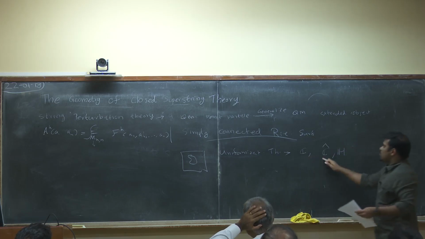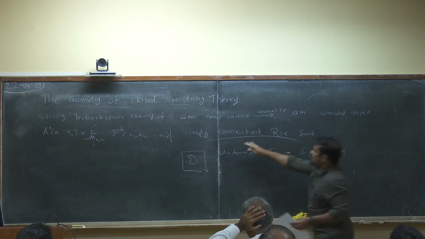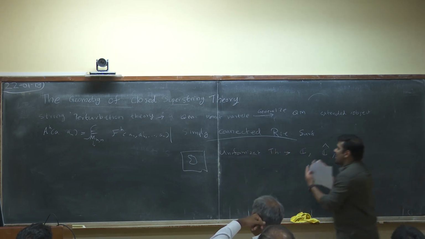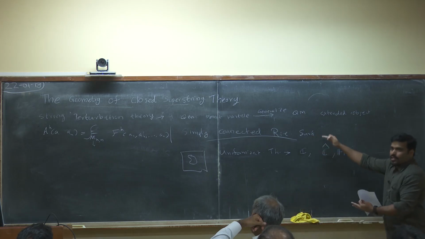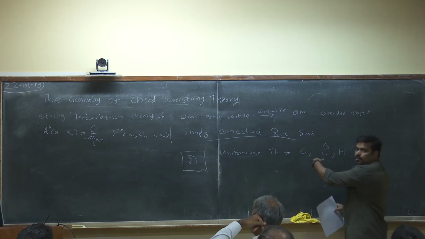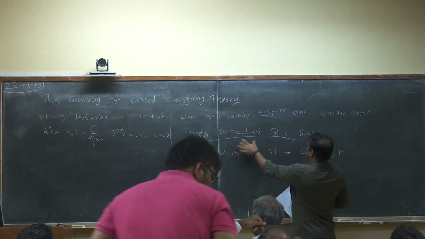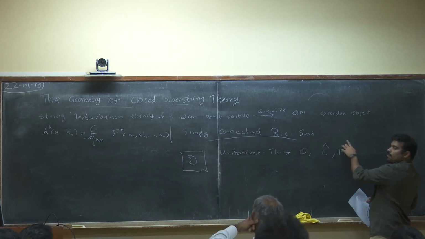So you have only these three surfaces when your Riemann surface is simply connected. Any other Riemann surface which looks different from these three classes can be brought to this form. You can always find a conformal map which takes any simply connected Riemann surface to either the complex plane, or the Riemann sphere, or the upper half plane.